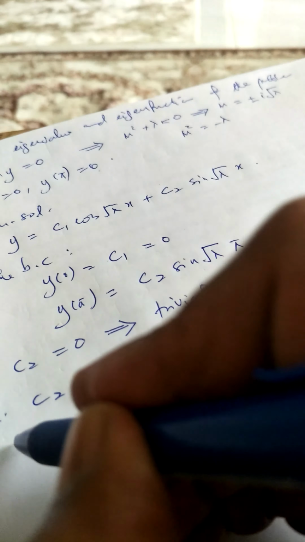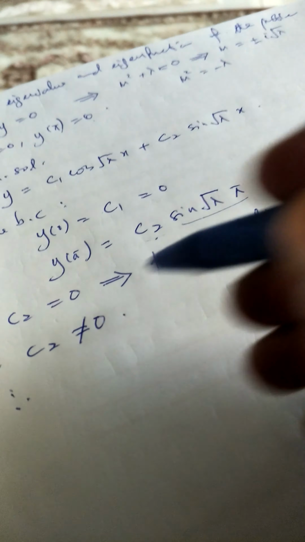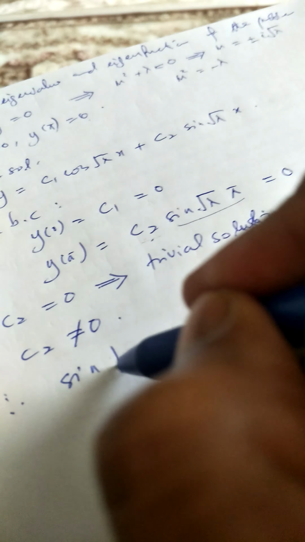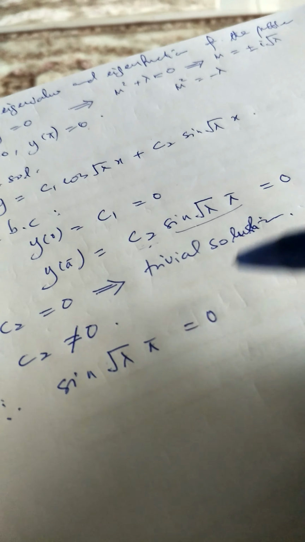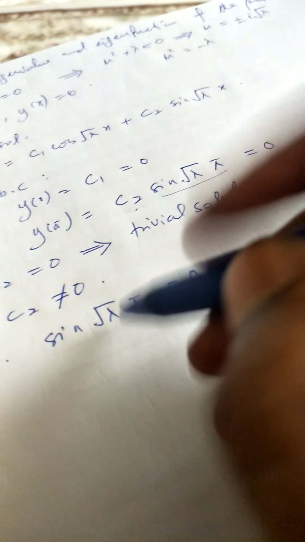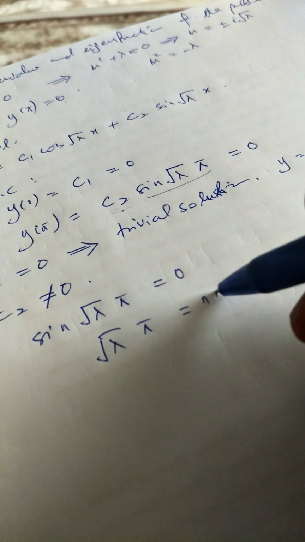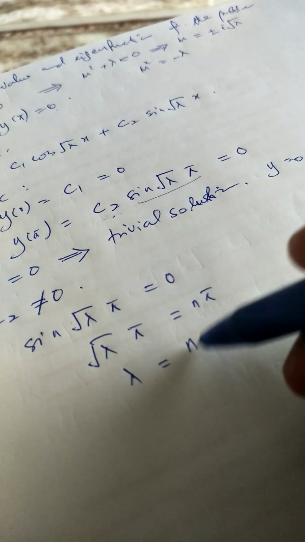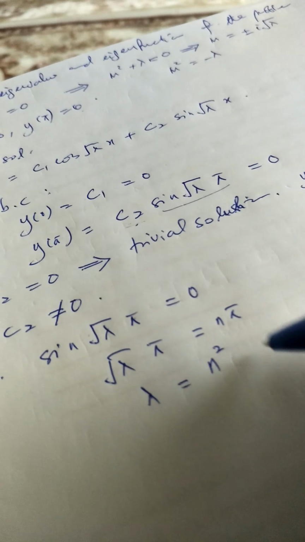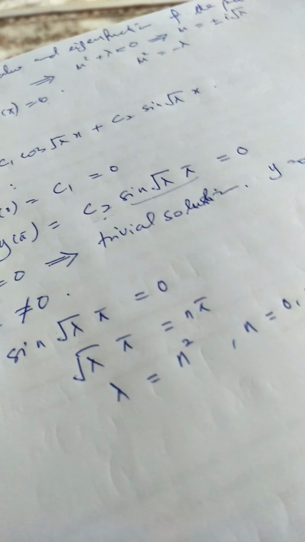If c2 is not 0, then the other part must be 0, so we have sin(√λ pi) equal to 0. Then √λ pi equals n pi, which gives lambda equal to n squared, for n equal to 0, 1, 2, and so on.